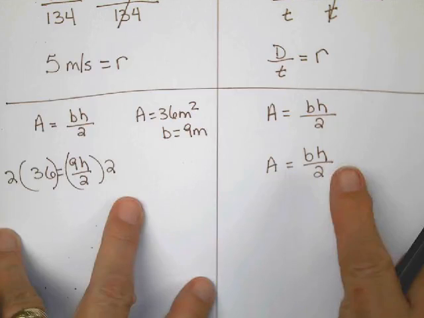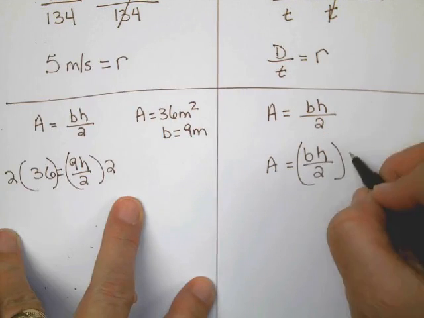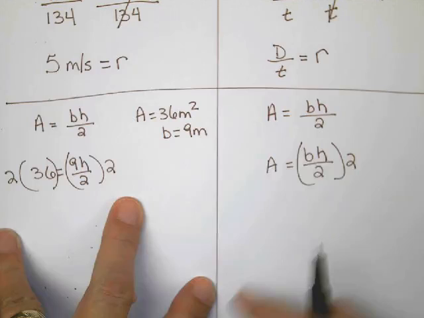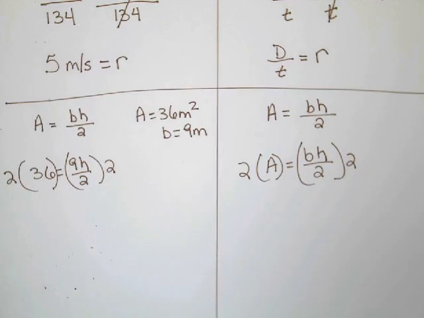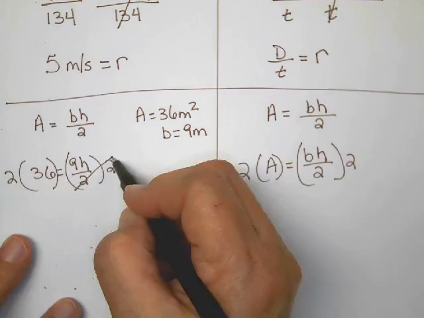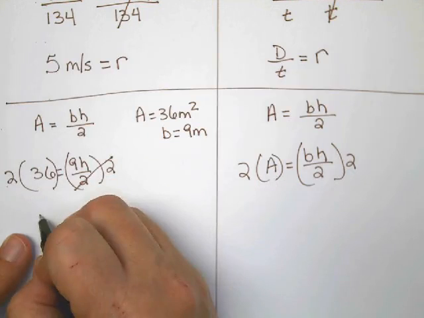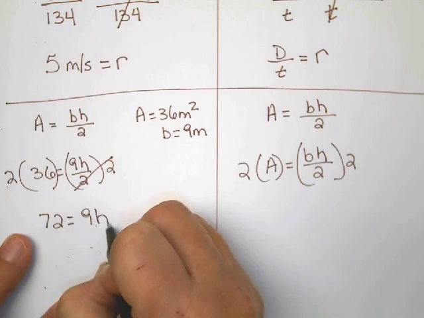Well, let's do the same thing over here. So I'm going to multiply that by 2, and then I'm going to multiply the area by 2. Now, 2 divided by 2 is just 1, and 36 times 2 is 72. So that 72 equals 9h.